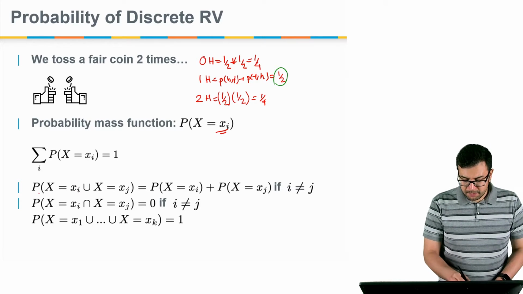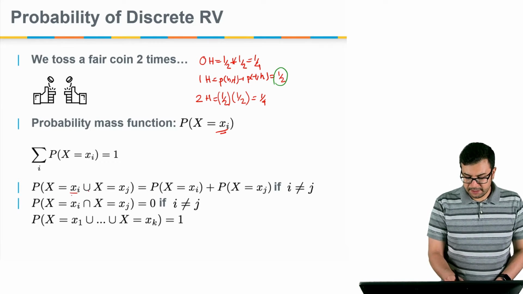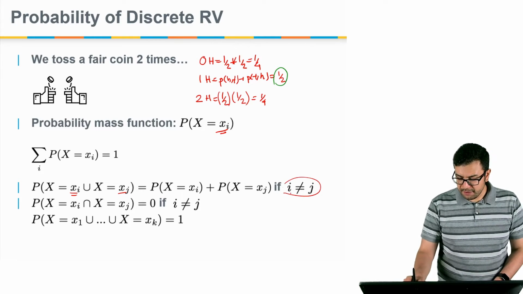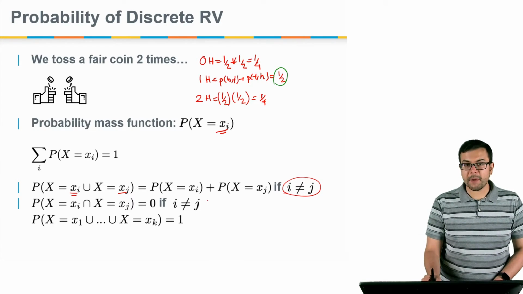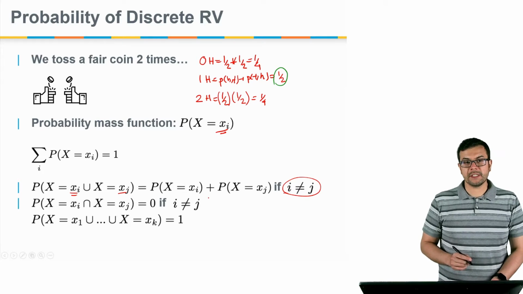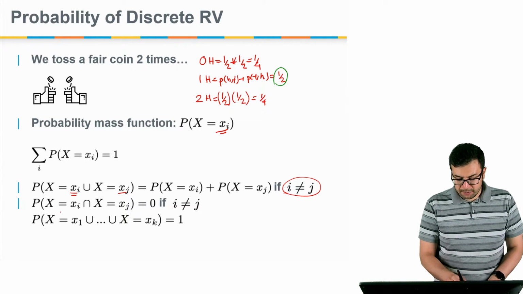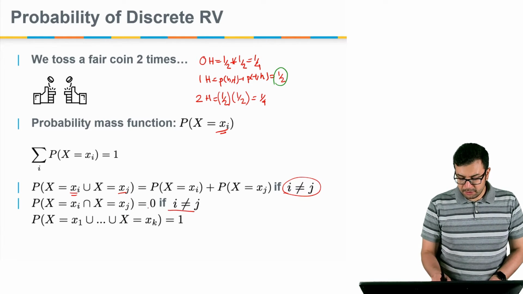The union of probability of different events, while i and j are different, should be the summation between those 2 probabilities. An intersection of 2 different events happening should be 0.